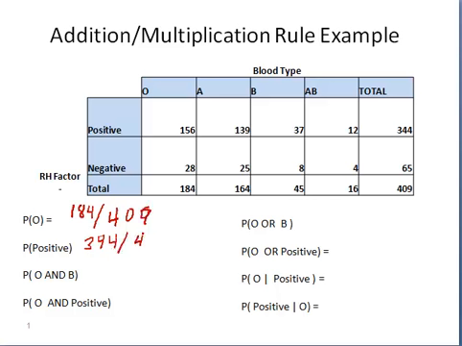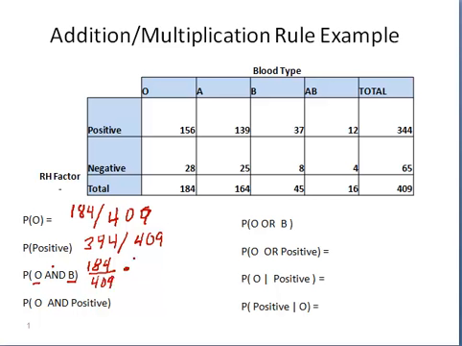out of 409. Okay? Now when we talk about and, we're talking about an independent sequence of things. So what we're saying is, what's the probability of O followed by, and also getting, in the second person, a B? Well, when we're doing and, we're doing multiplication. So the probability of getting an O person is 184 out of 409.